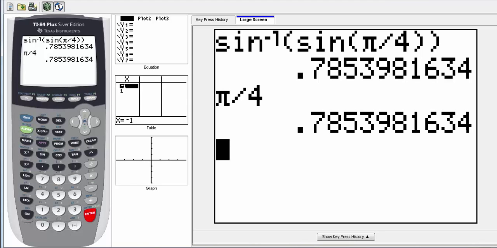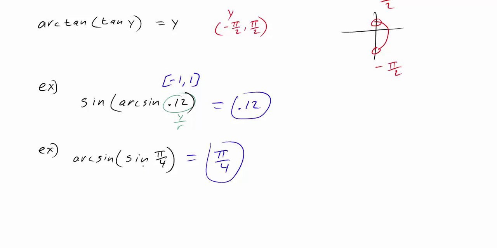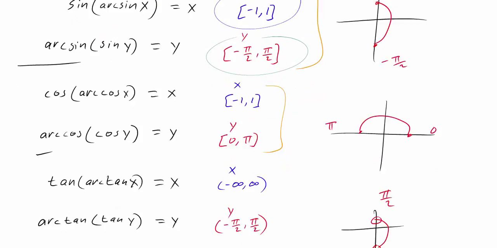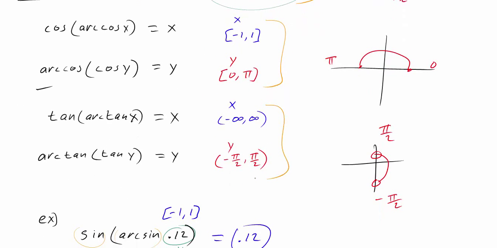So that verifies that the arc sine of the sine of pi over 4 certainly does equal pi over 4. And again, this is the idea that if you take the arc sine and the sine, they're going to cancel each other out. Or if we take the sine of the arc sine, they're going to cancel each other out as long as you're within the specified range that's listed.